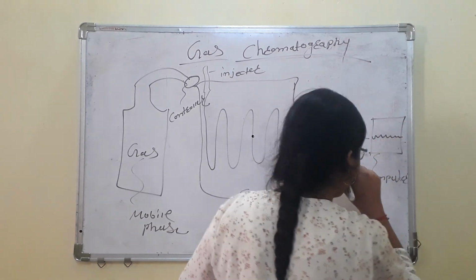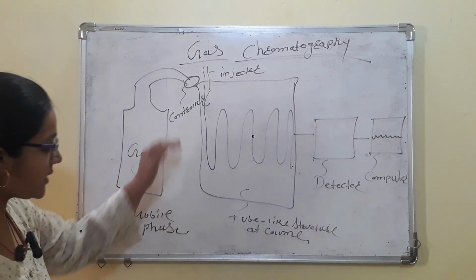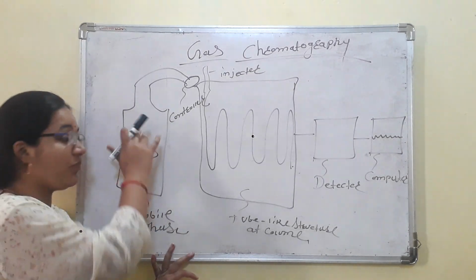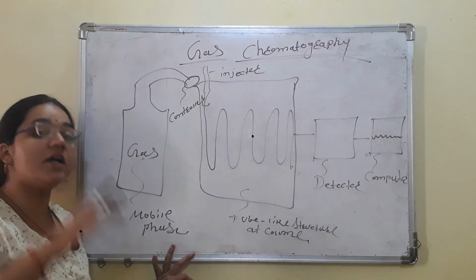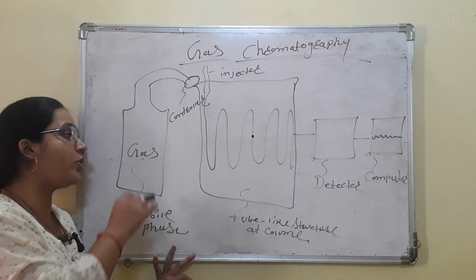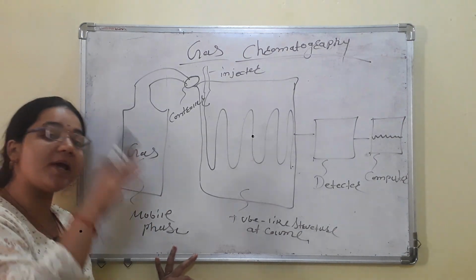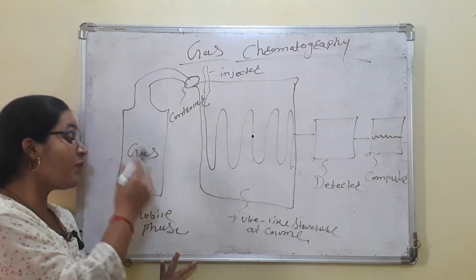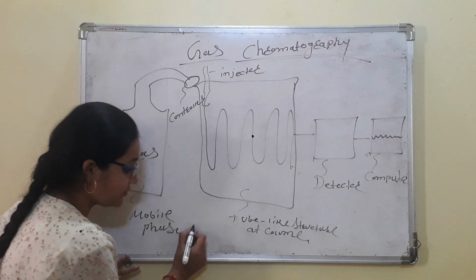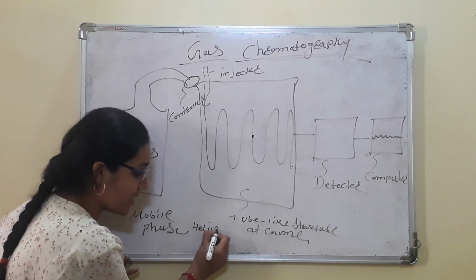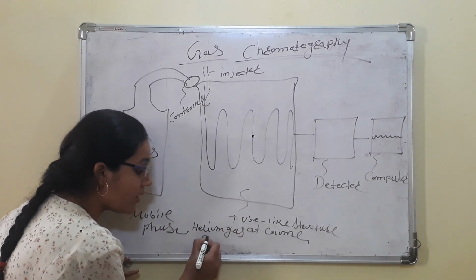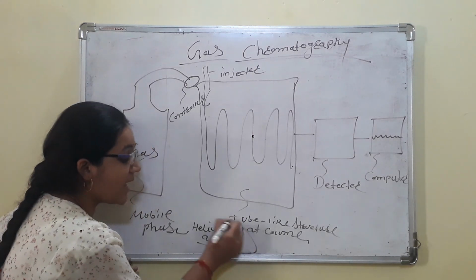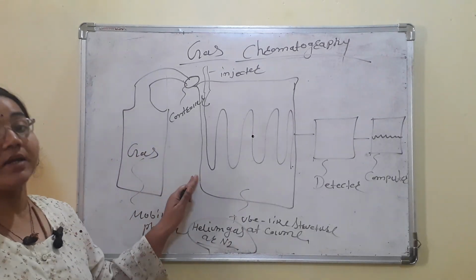So guys, in this technique, firstly, the gas as a mobile phase is always used in an inert form. It is very important to select a gas that does not react with the sample or any other molecules, for example helium gas or nitrogen. These are inert gases that do not react with any samples.